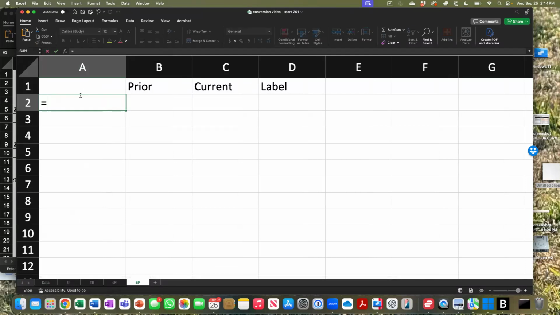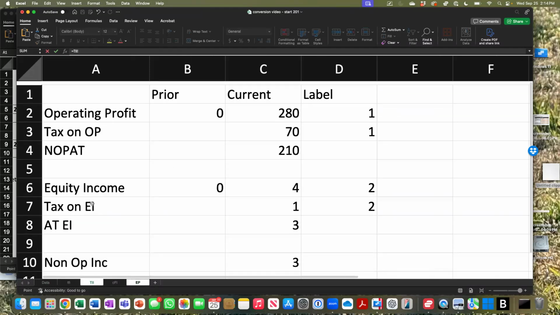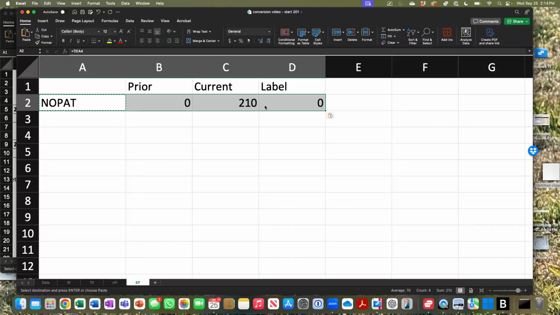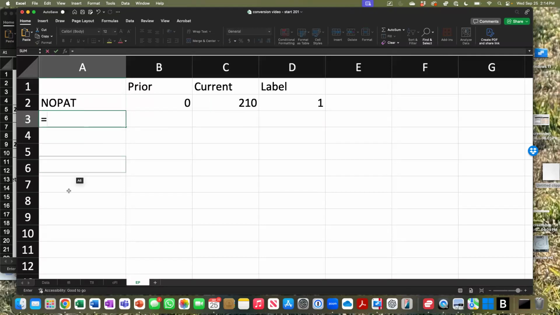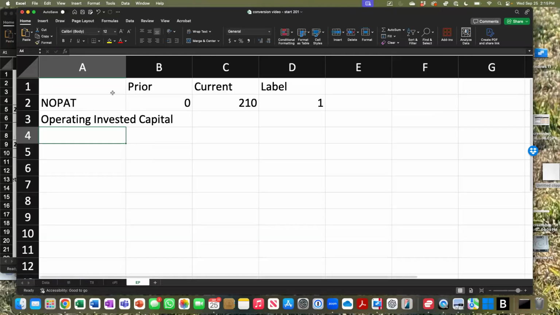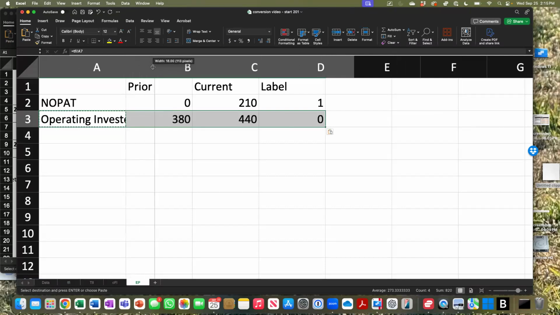We take our NOPAT off of our TII, so in the current year, we made 210 million in NOPAT, and then divided by invested capital equals ROIC, from the TFI, operating invested capital, and that's going to get us ROIC.